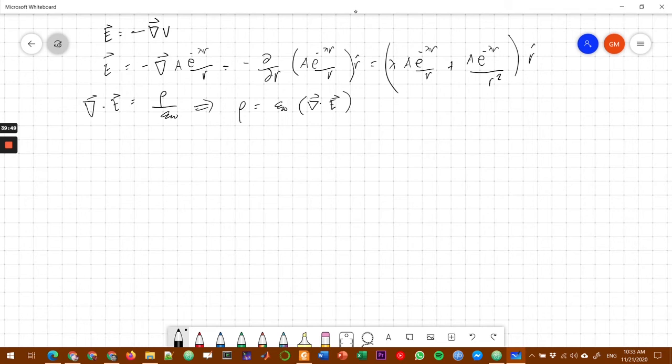Since E is the electric field given by this one from the previous calculation, we substitute it and we get this.